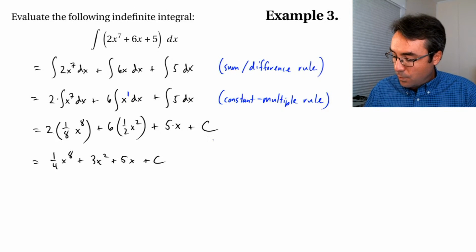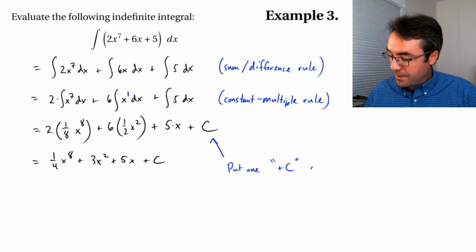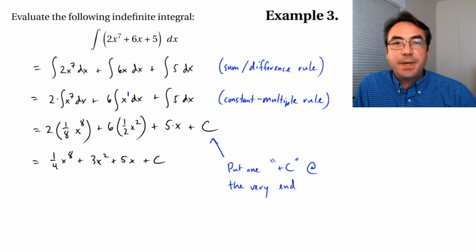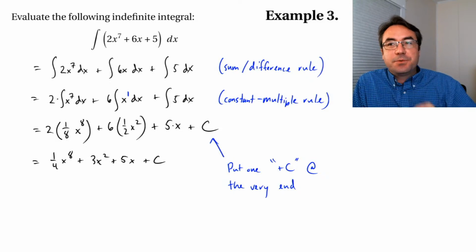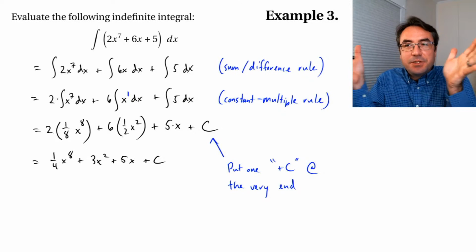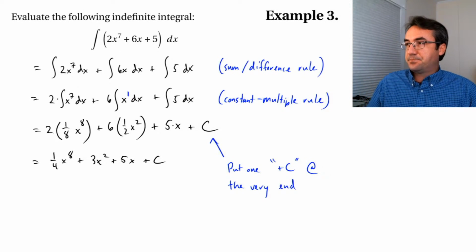And so we just put one plus c term there at the very end, just to make it easy. Technically each of those separate integrals would have its own constant, but we could just combine all those into one big constant, and that's fine.